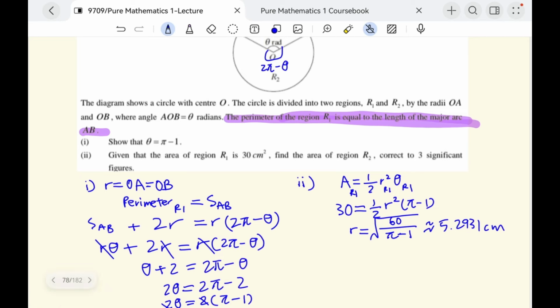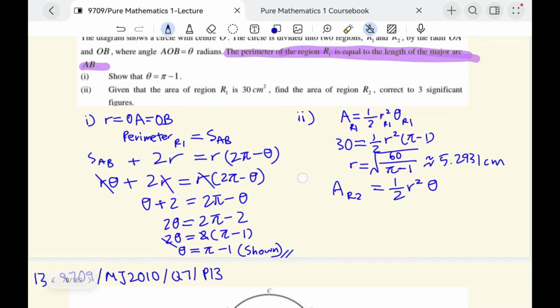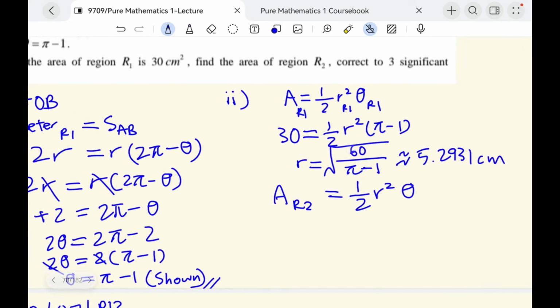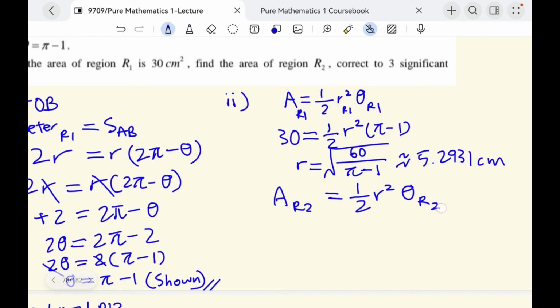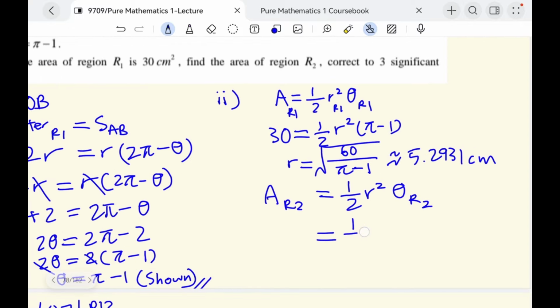So the question wants you to find the area of region 2. To find the area of region 2, just use back the formula A equals half r squared theta. The radius is always the same, but for the theta of region 2, it is 2 pi minus 1. So what is the R? It is 60 over pi minus 1.